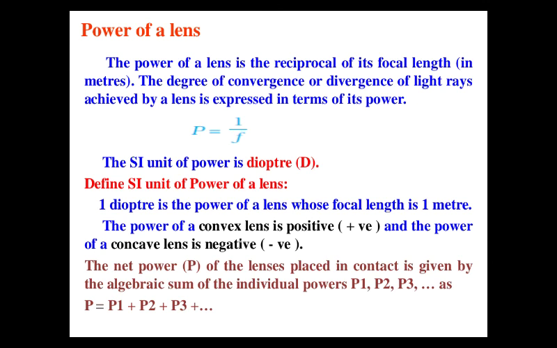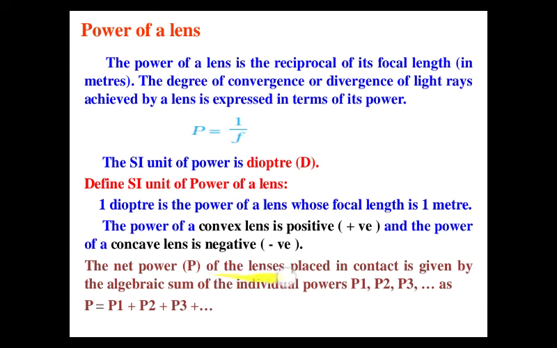Power of convex lens is positive because the focal length of convex lens is positive. As focal length is positive, power will be positive in case of convex lens, and power of concave lens is negative. As focal length is negative, power is negative in case of concave lens.